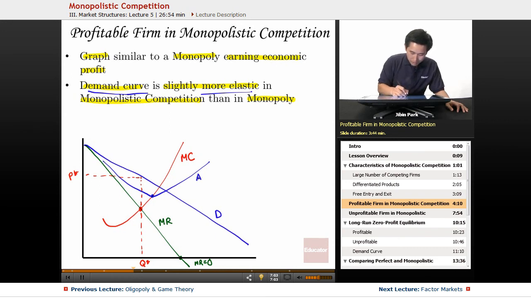Okay, so this is the ATC here. So a monopoly in the short run making a profit is going to be below the price but above the ATC here. So right here is going to represent economic profit.